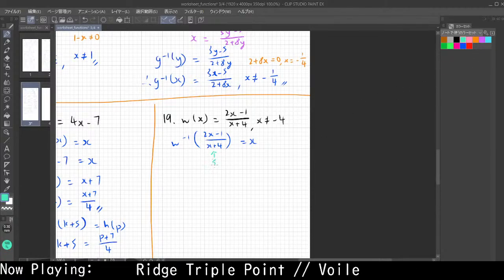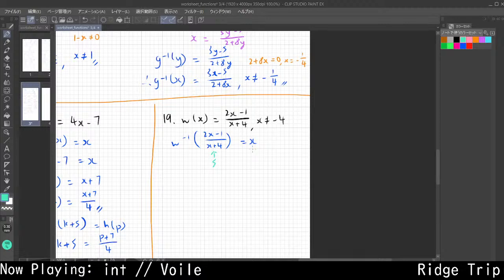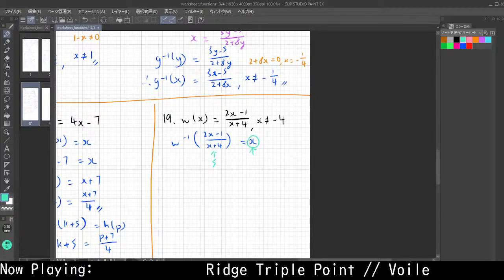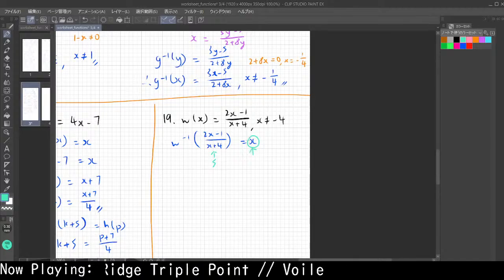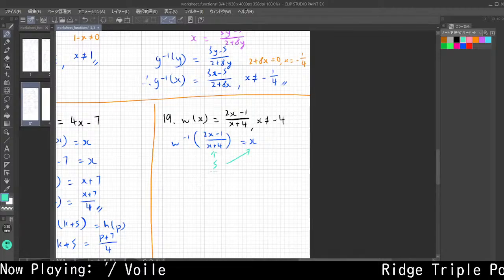Let this be equal to 5, and then I solve it, I will get a certain x. This x is actually the value of W inverse of 5, which is what the question basically wants. So what we can do is the following.